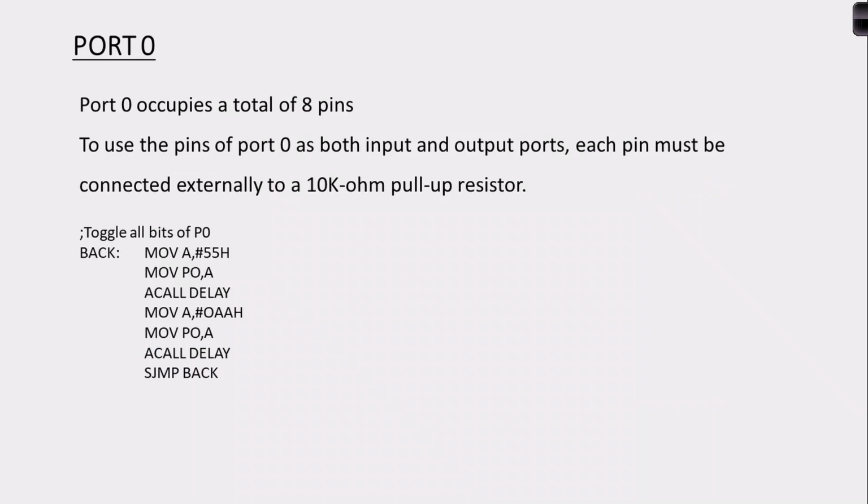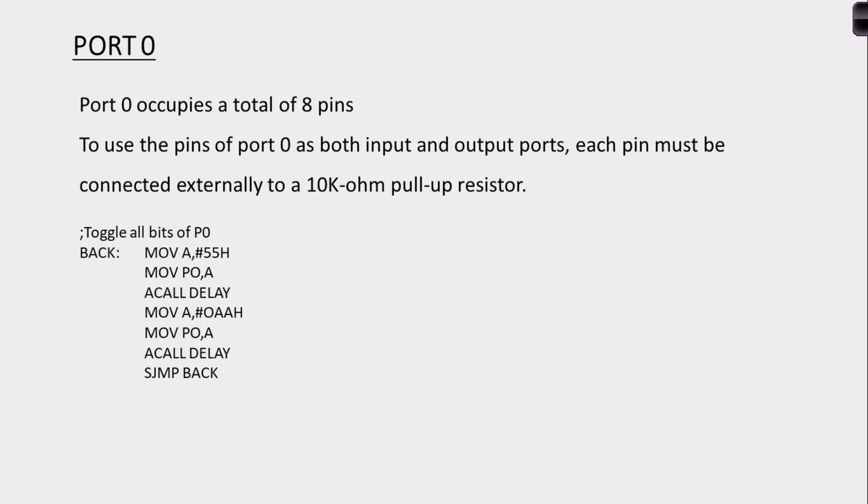Port 0 occupies a total of 8 pins. As we said, those 32 pins have been divided into 4 different ports, and each port will have 8 pins. To use the pins of port 0 as both input and output port, each pin must be connected externally to a 10k ohm pull-up resistor.